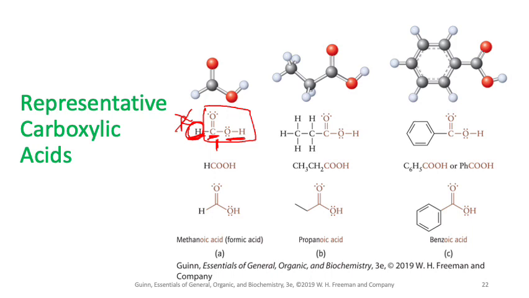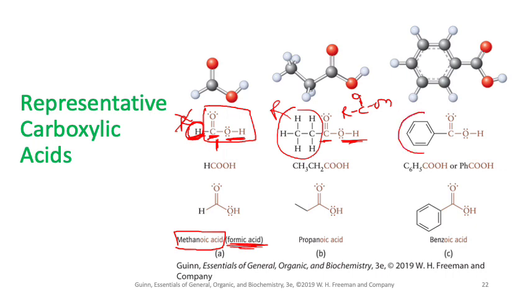So the common name is formic acid, and we're going to talk about why the name is methanoic acid. Except for methanoic or formic acid, every other carboxylic acid has the same structure, R, C double bond O, OH.